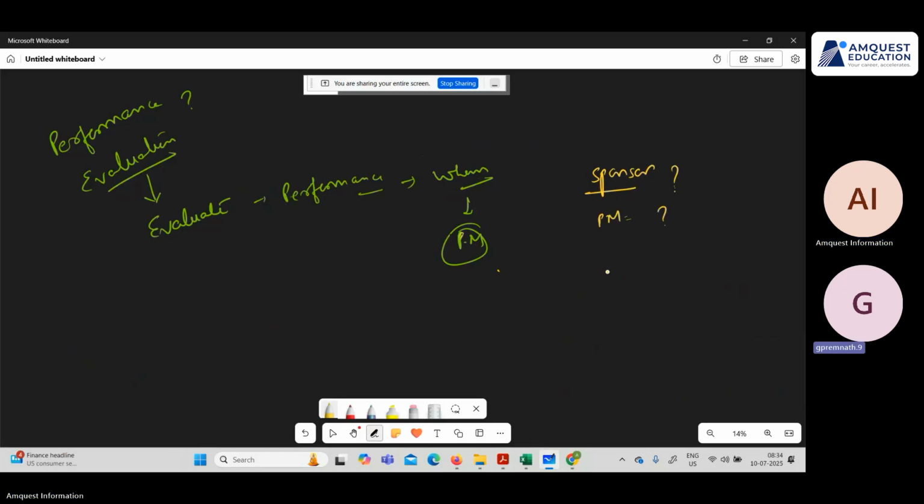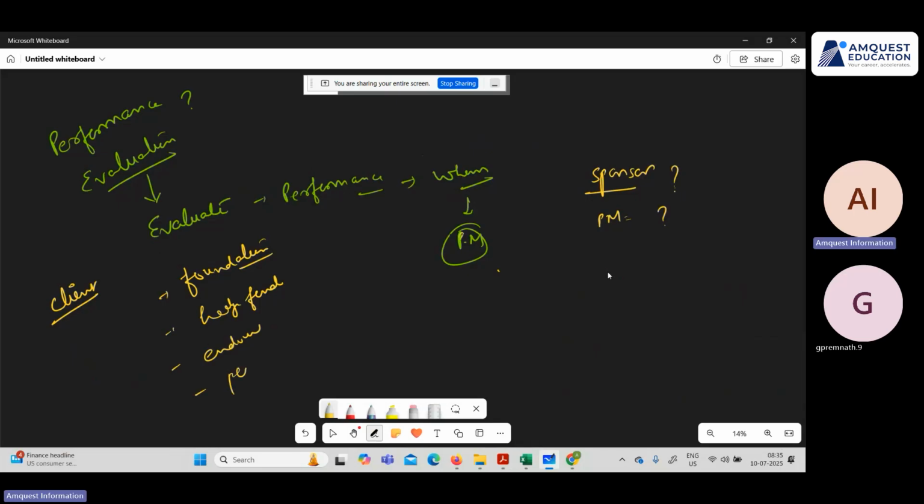Sponsors, like the LP, the limited partners, the client. I agree, it could be the client, but not always. Think about a foundation, think about a hedge fund company, think about an endowment, think about a pension fund.